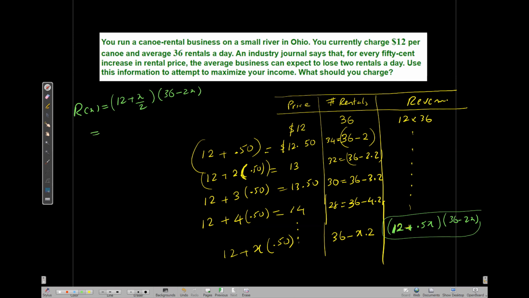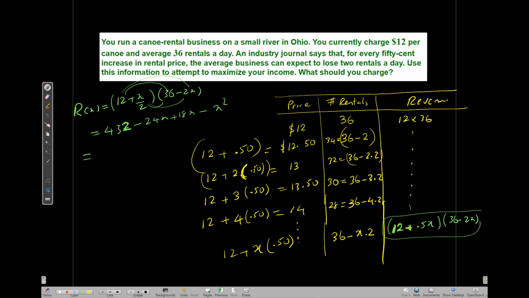So let's simplify this. So 12 into 36: 12 times 6 is 72, so 7 carried over, 12 times 3 is 36, and 7, 43. So this part is 432. And then you have 12 into this, negative 24x, and this into this, plus 18x, and finally this and this, minus 2 will cancel x squared.